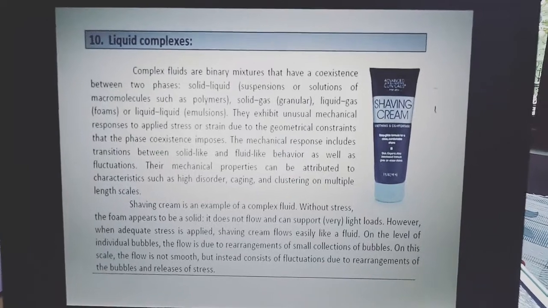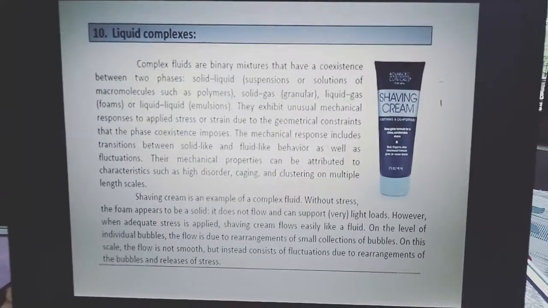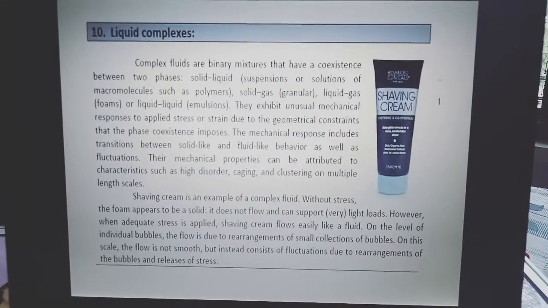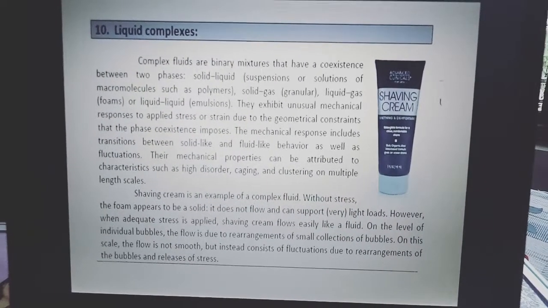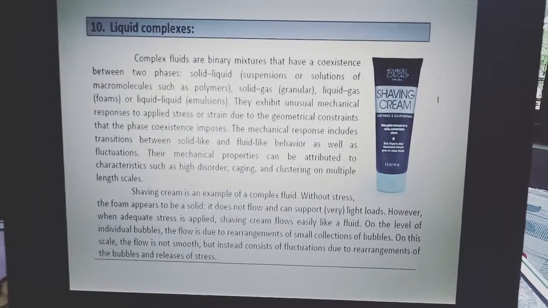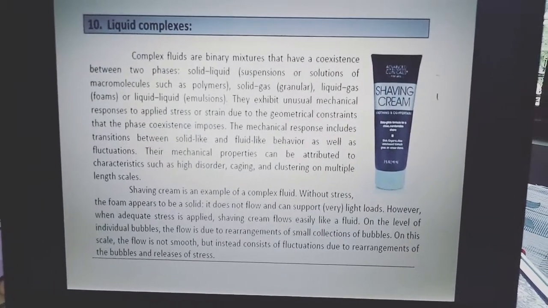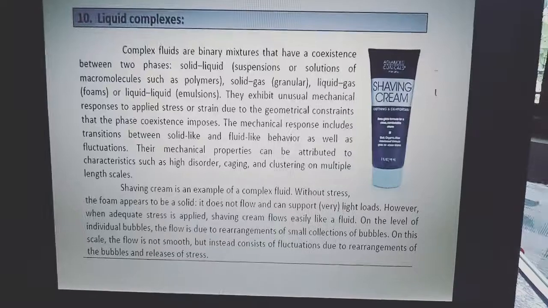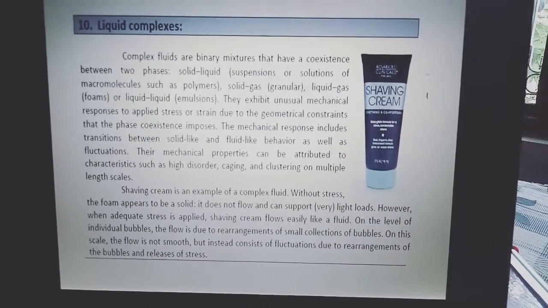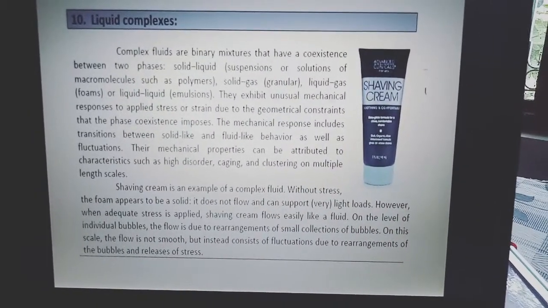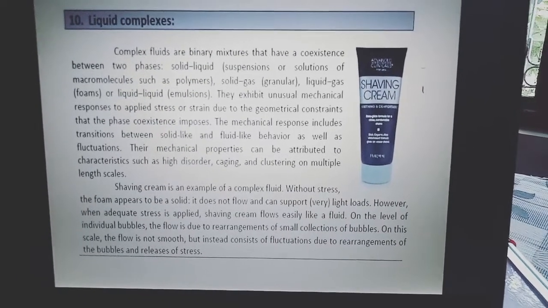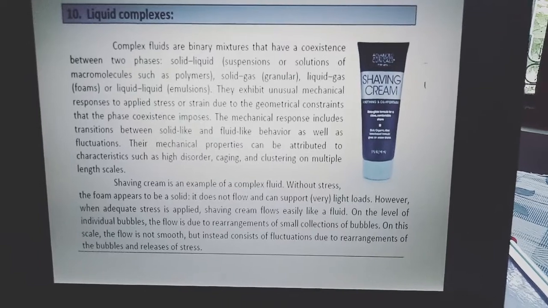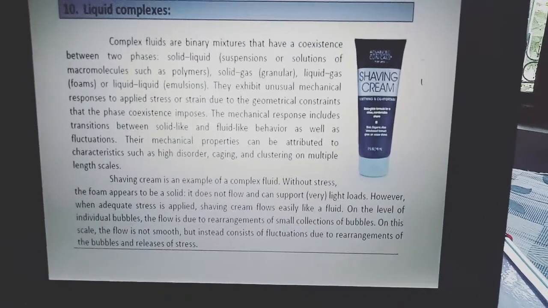Next topic is liquid complexes. Complex fluids are binary mixtures that have a coexistence between two phases. Binary means two phases: solid-liquid, solid-gas, liquid-gas. They exhibit unusual mechanical responses to applied stress or strain due to the geometrical constraint that the phase coexistence imposes.